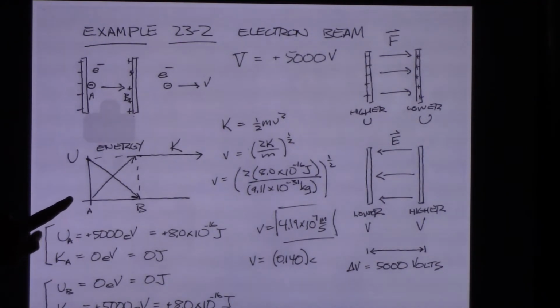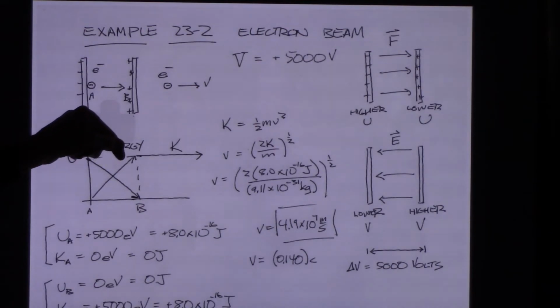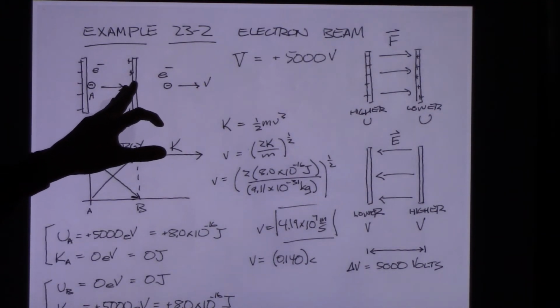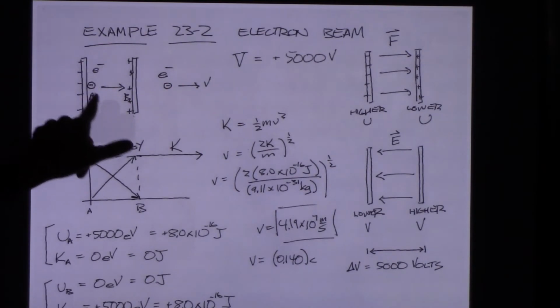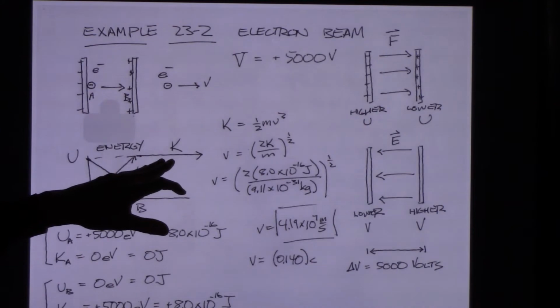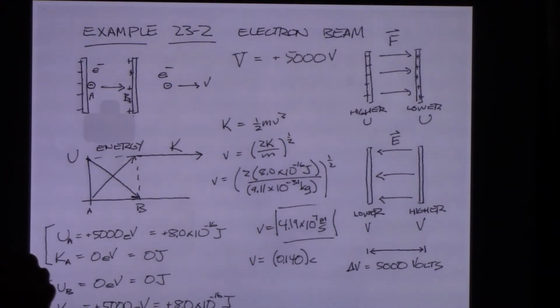Now, meanwhile, as it travels between the two plates, the kinetic energy is steadily increasing. So I've got this steady conversion from potential energy into kinetic energy. And then once the electron exits that region where the electric field is, the forces stop and the kinetic energy remains constant. So now I have a beam of electrons drifting through this vacuum region at a constant speed.